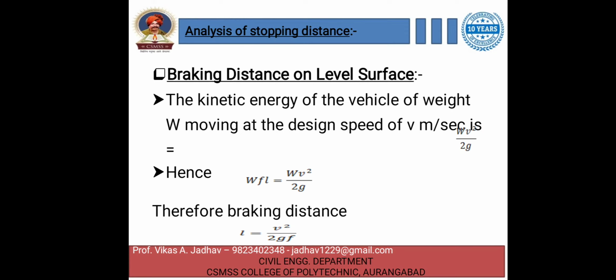Then the kinetic energy of the vehicle of weight W moving at design speed v meters per second is given by Wv square upon 2g. Hence by equating the work done with kinetic energy we get WfL is equal to Wv square upon 2g, and by simplifying the equation we get the braking distance L is equal to v square upon 2gf.